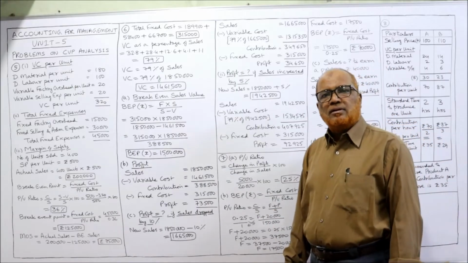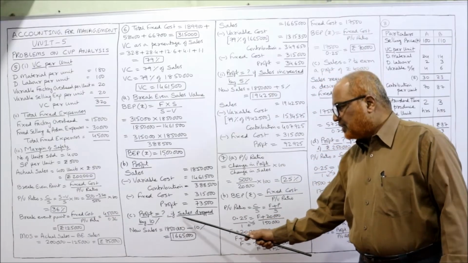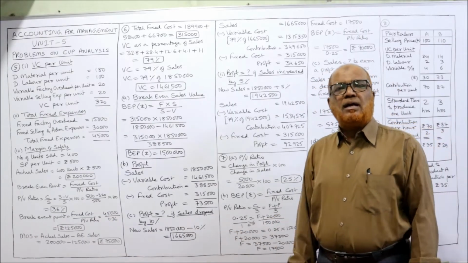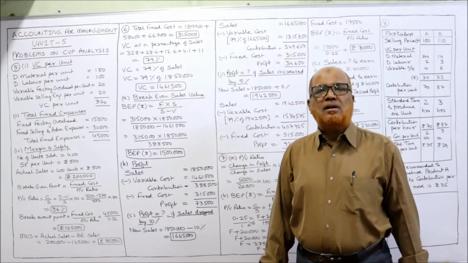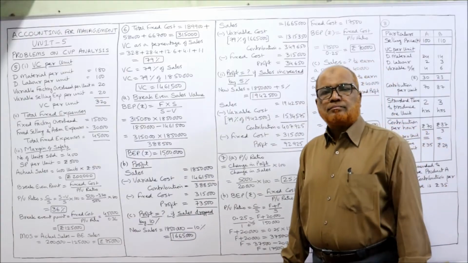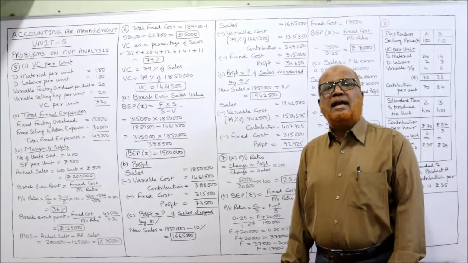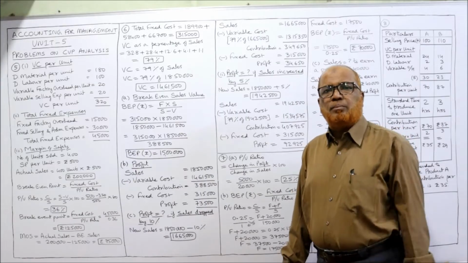Second question completed. Third question: how much is the profit if sales dropped by 10%? If sales are decreased by 10%, how much would be the profit? So first we calculate new sales. Presently budgeted sales are 18,50,000. From 18,50,000 we deduct 10%.